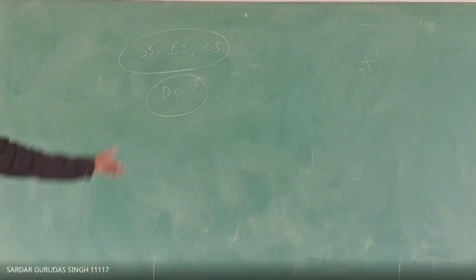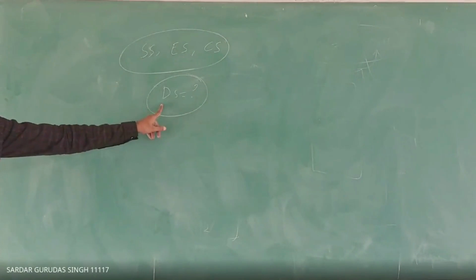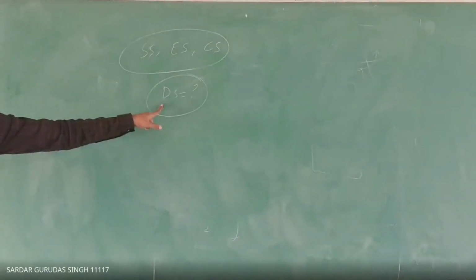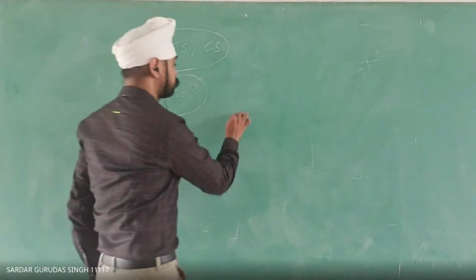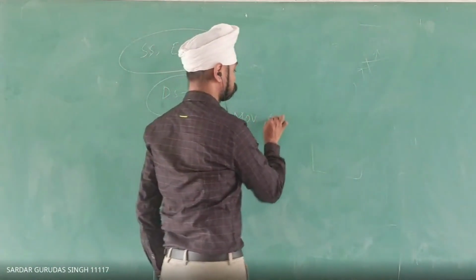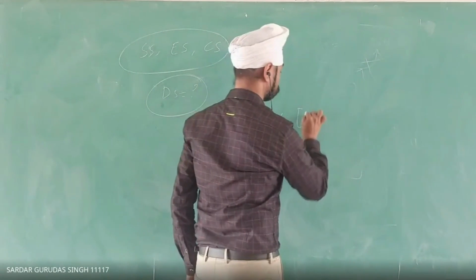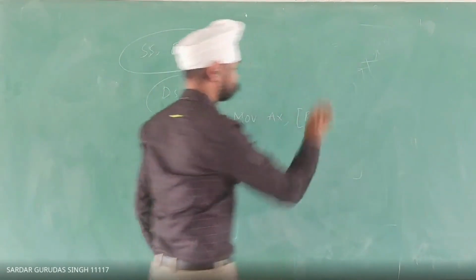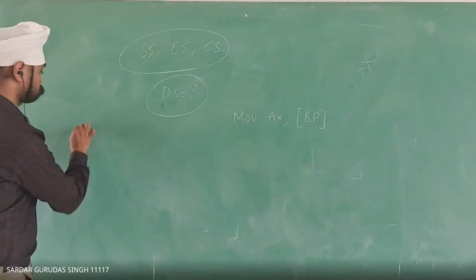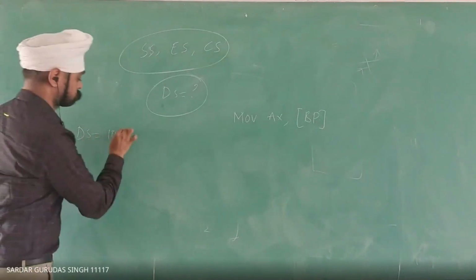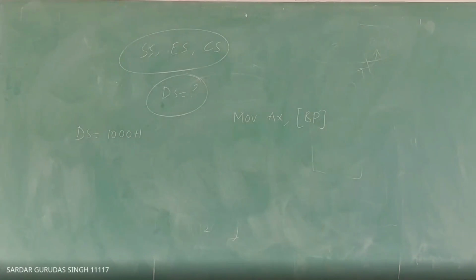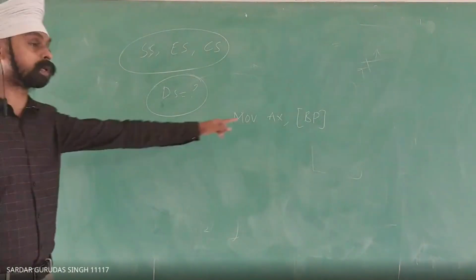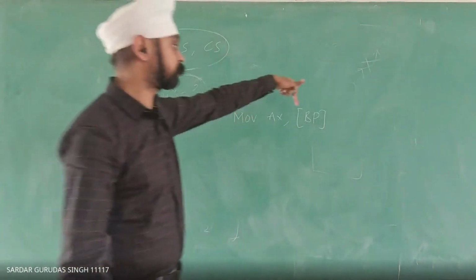Can anyone tell why we are considering DS only? Now, if I write the instruction like this, how will you calculate the physical address with the help of this effective address?